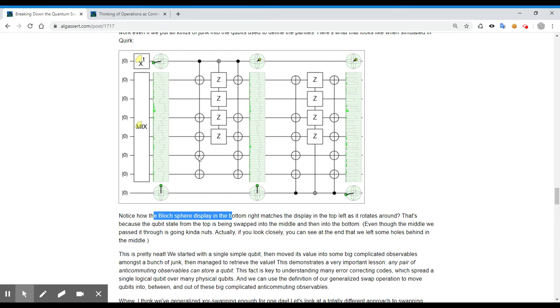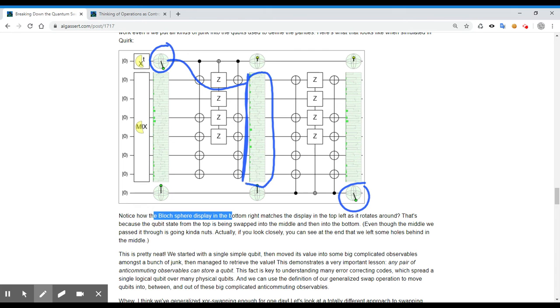Yeah, this one and this one, this one and this one. That's because the qubit state from the top is being swapped into the middle and then into the bottom. Okay, so that qubit state is swapped in here, and then in here.